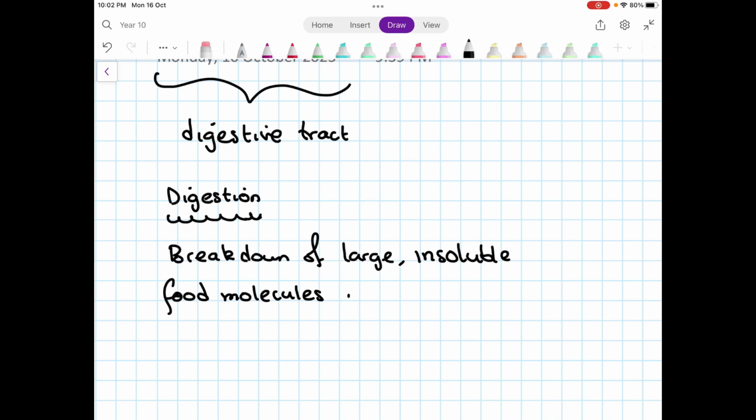So think of lipids, carbohydrates, proteins. So these are going to be broken down into smaller, soluble molecules, which can be absorbed into the bloodstream.